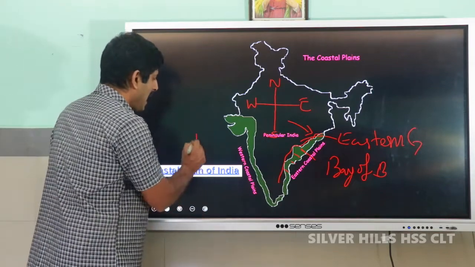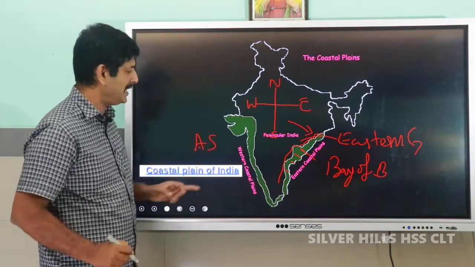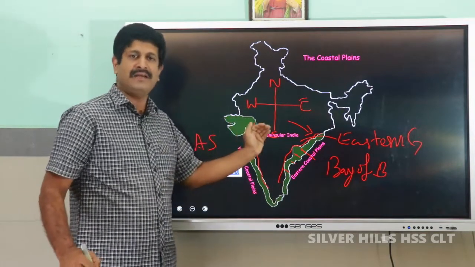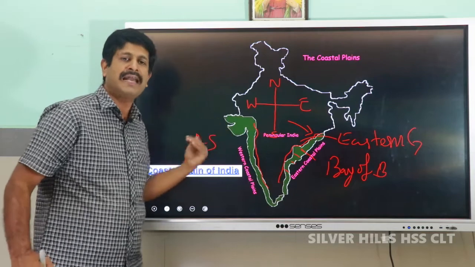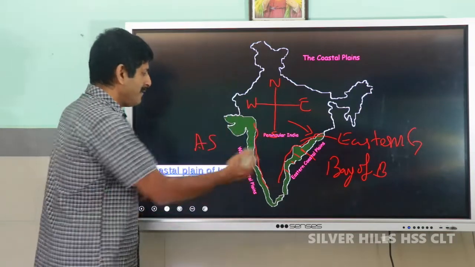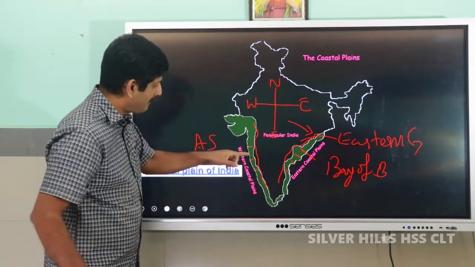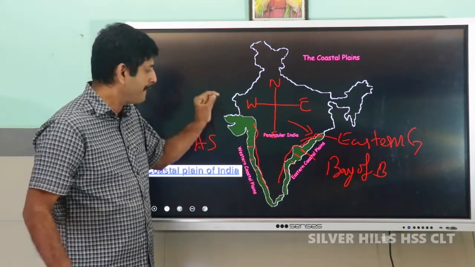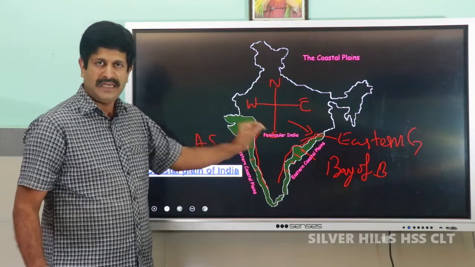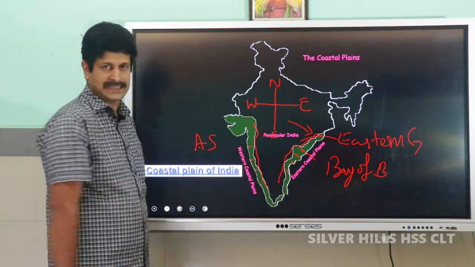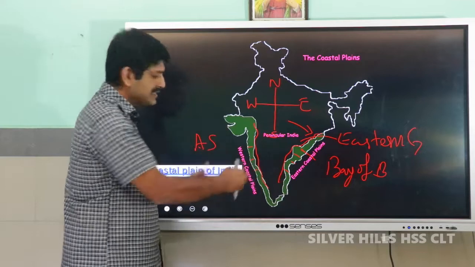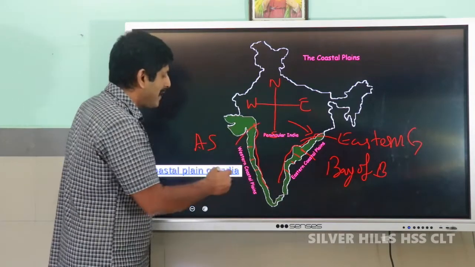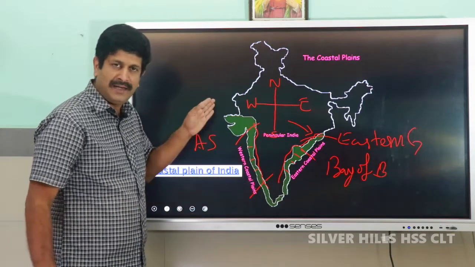Now the western coastal plain lies in between the Arabian Sea and the Western Ghats. When compared to the eastern coastal plain, the width is less. The entire western coast is divided into three.